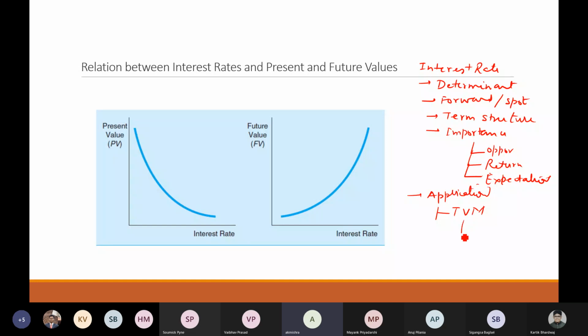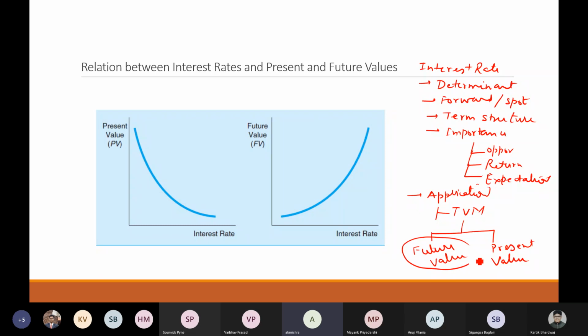In time value of money, if you remember, we discussed two concepts. One concept is future value and the other is present value.